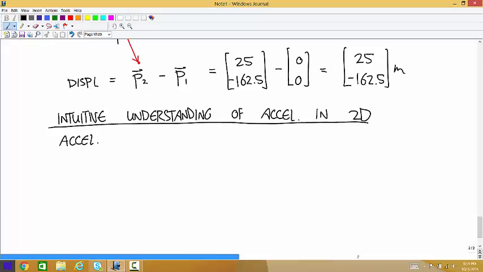So the first thing to remember is that acceleration measures change in velocity.